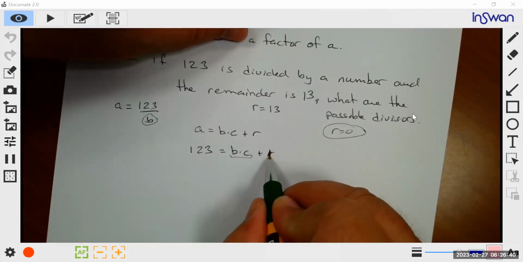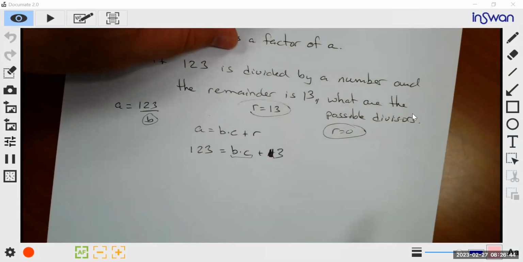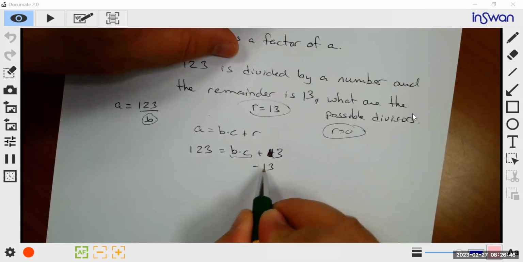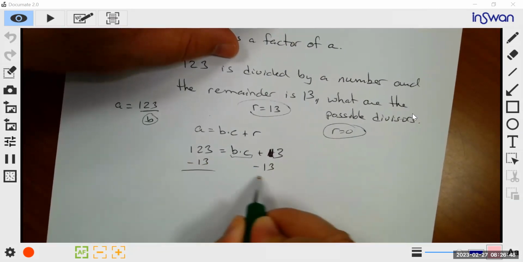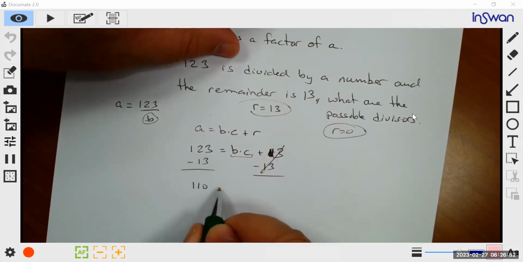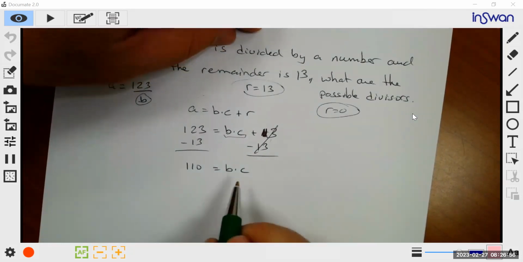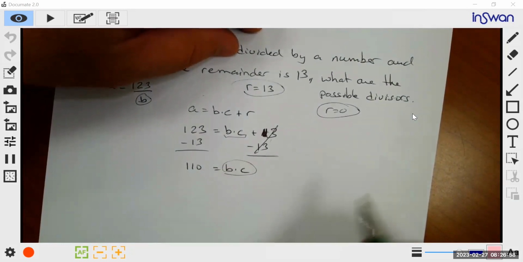Well, R is 13. It's defined there. So let's subtract 13 from both sides. 123 minus 13 is 110. So what we have to do is find what numbers multiplied together give us 110.